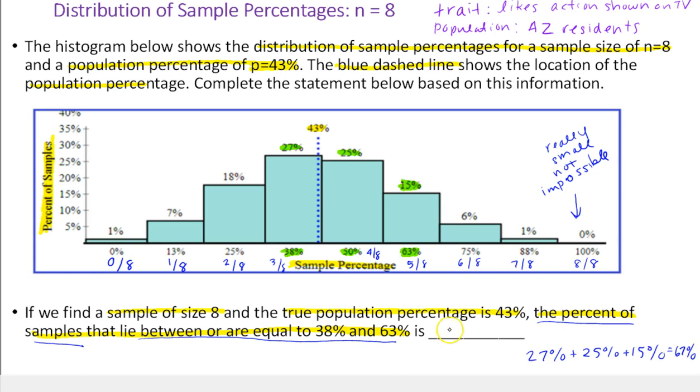So that is our answer. The percent of samples that lie between or are equal to 38 and 63% is the sum of the percent of samples that fall into those categories, which is 67%.